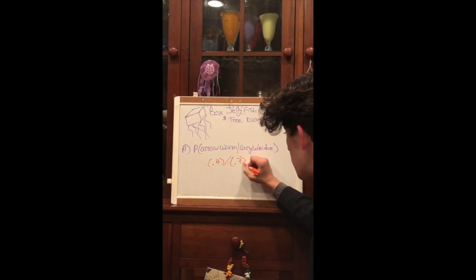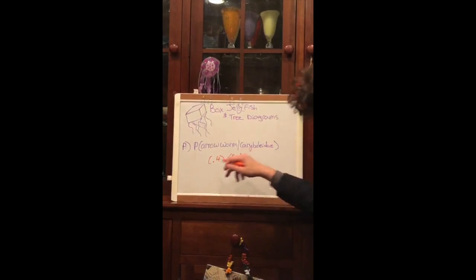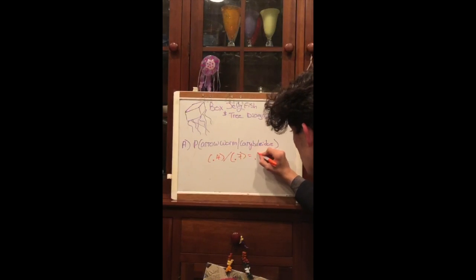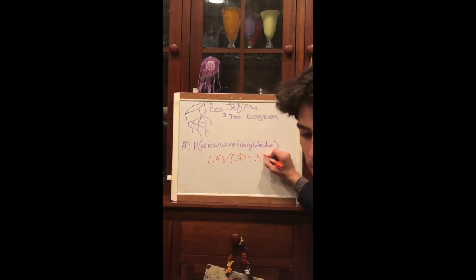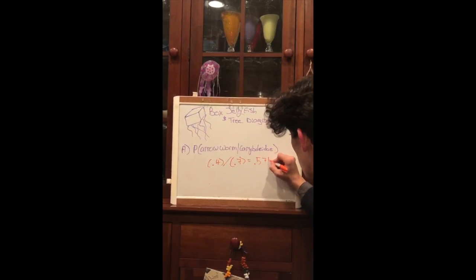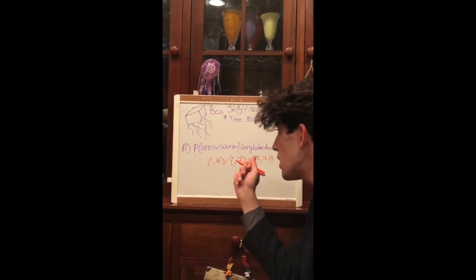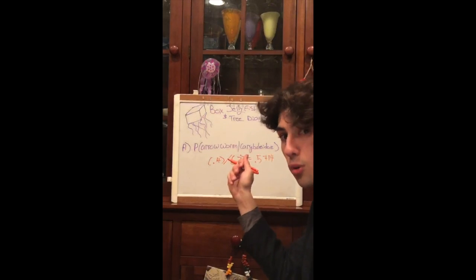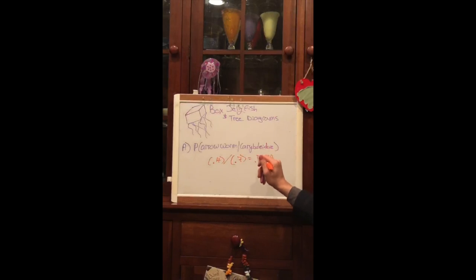So simply divide 0.4 by 0.7, and we're going to get an answer of 0.5714 probability that the jellyfish will eat arrowworms given its species being Charybdidae.